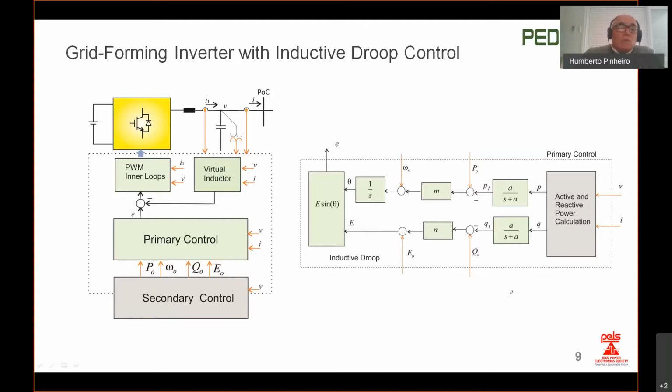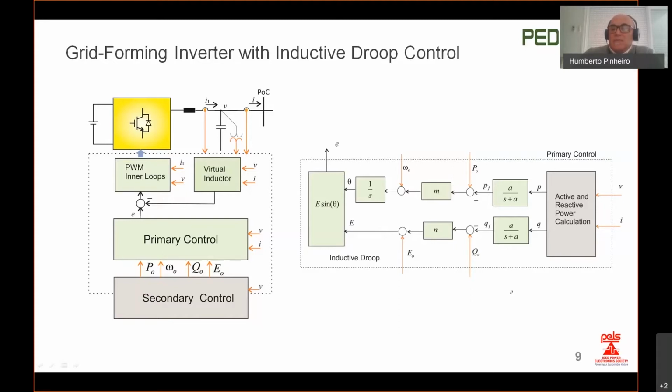The idea is that a local or remote secondary control will send the set points of active and reactive power, as well as frequency and voltage, to the primary controller. In this case, it is implemented by the Droop control. The Droop will measure the active and reactive power at the point of connection of the DR, and then it is filtered and passed through the Droop coefficient, which links the active power with the frequency and the reactive power with the voltage.